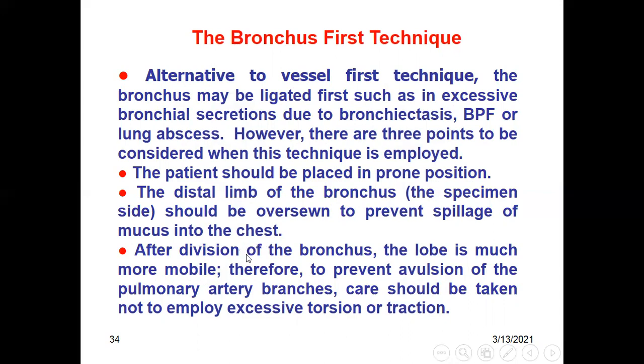And after division of the lobar bronchus, the lobe is much more mobile. Therefore, to prevent avulsion of the pulmonary artery branches, care should be taken not to employ excessive torsion or traction. It's very important.